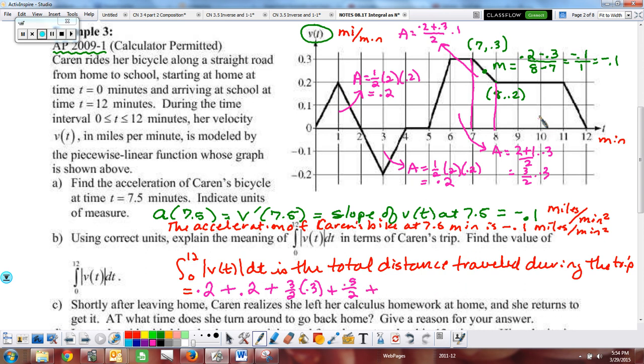Plus, then we have a nice little rectangle. Area equals 1, 2, 3 by 0.2. So now we're going to have 3 times 0.2. And then our last area is going to be 1/2 times 1 times 0.2. Half of 0.2 is 0.1, plus 0.1.